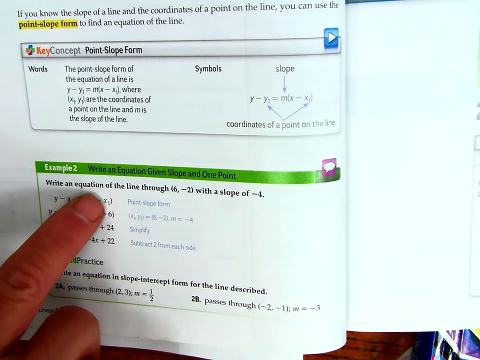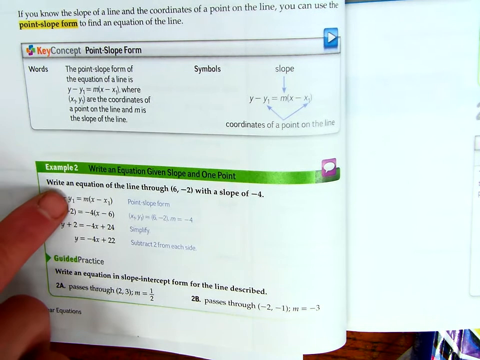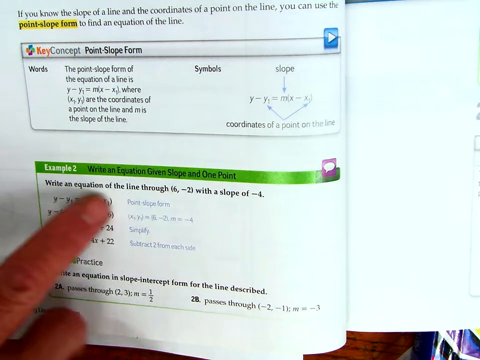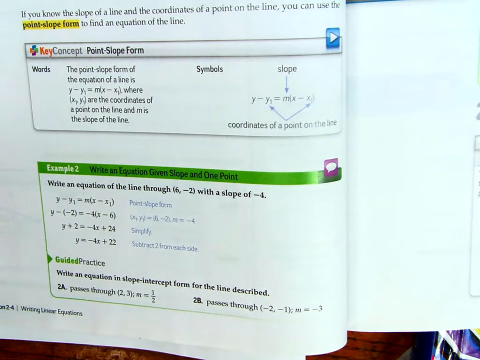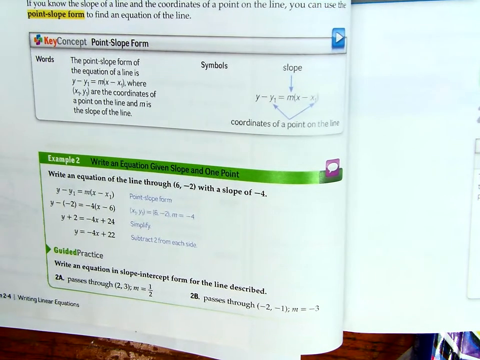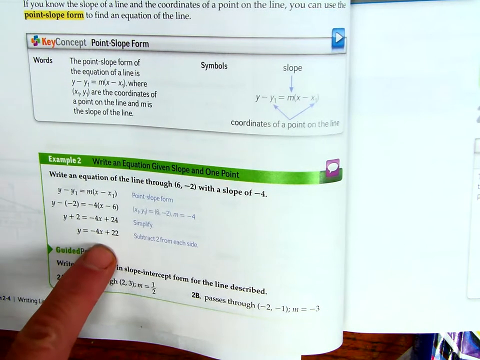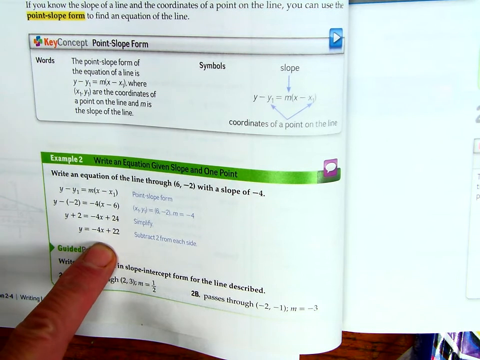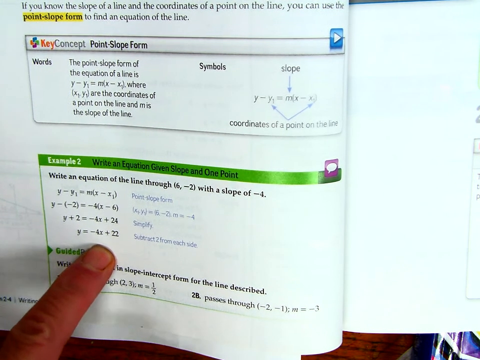The x goes where the x1 is at. The y goes where the y1 is at. The slope goes where the m is at. And now you simplify. After you put that point and that slope in, then you will have math that you can do. And when you get done, you have it in slope-intercept form. And you've done all of this before.